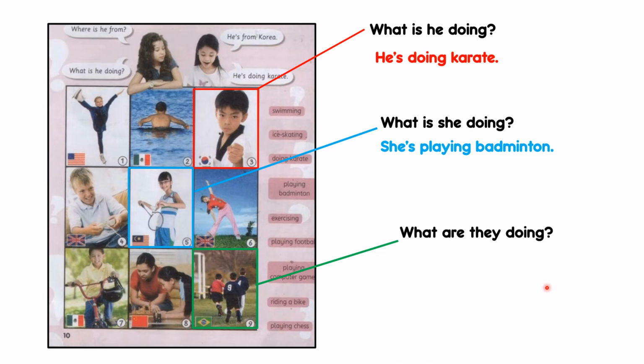If we look at the picture, the answer is playing football. So, to answer it in a complete sentence, the answer should be, they are playing football. Remember, you can use they're or they are, she's or she is, he's or he is.